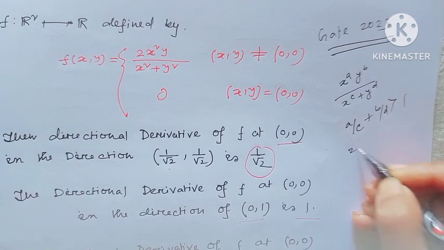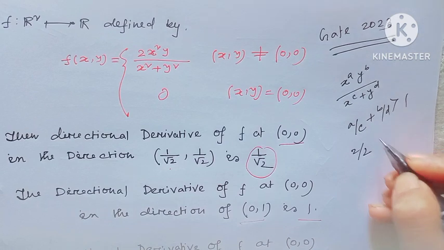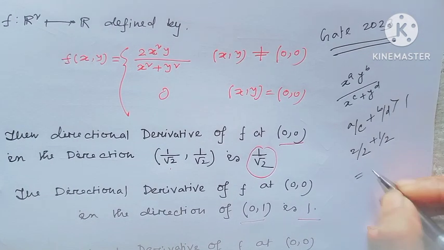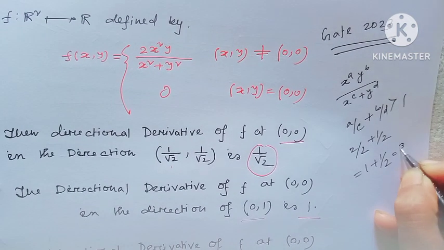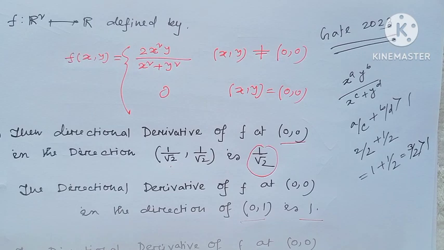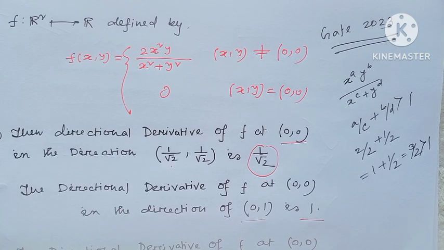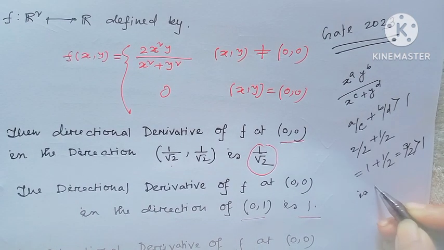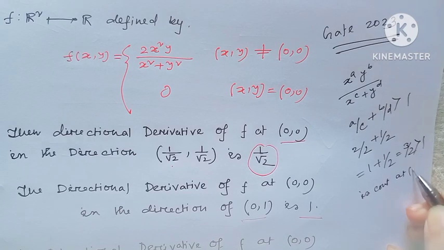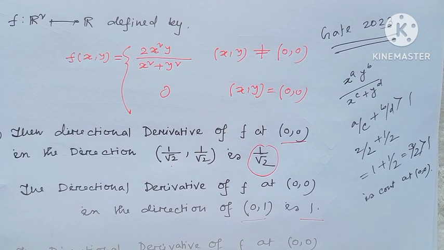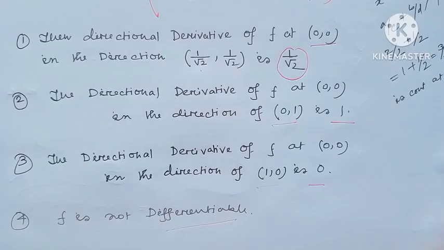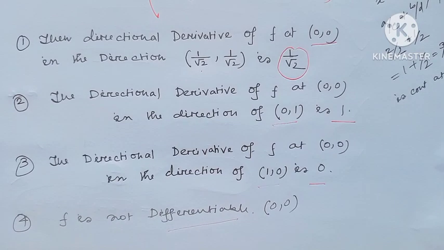Notice here 2 over 2 plus 1 over 2, this value is 1 plus 1 over 2, equal to 3 over 2, which is greater than 1. So we can tell easily the function is continuous at 0, 0. Now we have to find whether f is differentiable at the point 0, 0.